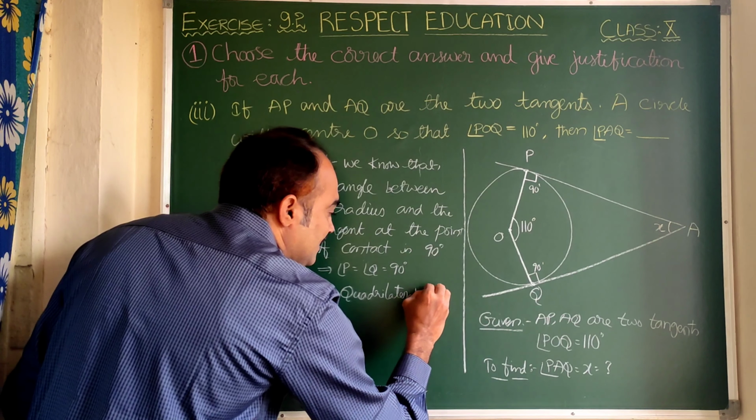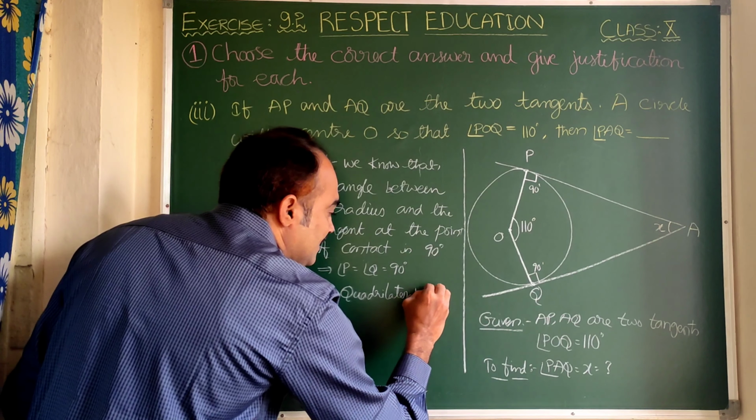This is called angle sum property of a quadrilateral. So let us substitute the known values so that we can find the unknown value. Angle A is nothing but x, plus angle P is already we know that is 90 degrees, and angle O is 110 degrees, and again angle Q is 90 degrees. This is equal to 360 degrees.